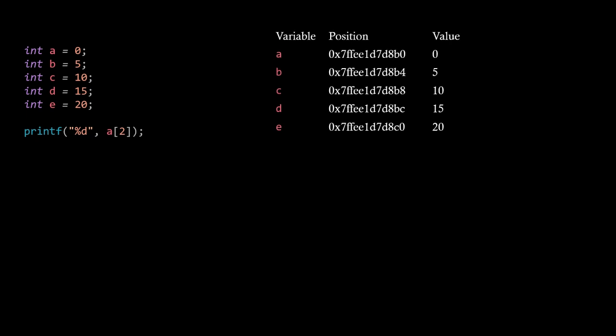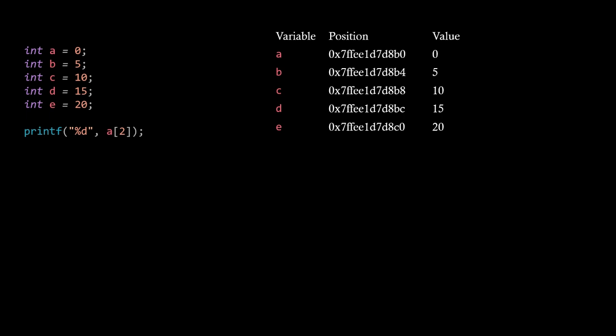So this is a stack in memory. It's not necessarily an array, but just stacks of memory. And so you have the variables each defined after the next, which is usually what a compiler does, but sometimes it won't because there's memory there and it has to allocate somewhere else. But if you did A at position 2, it would give you 10 because that's the value of C, because it would jump ahead 8 bytes and get C.